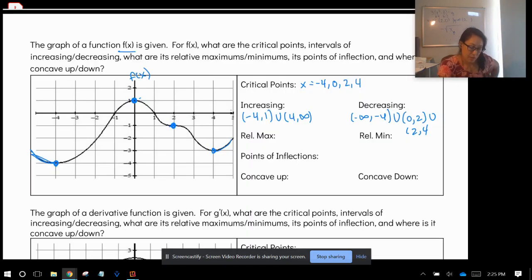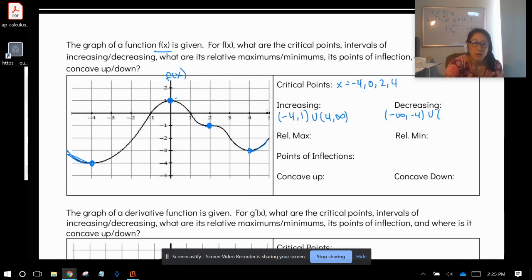We know that we take a break here at 2, so we don't know if we're decreasing or not right here. All right, we also decrease from x equals 0 to x equals 4.